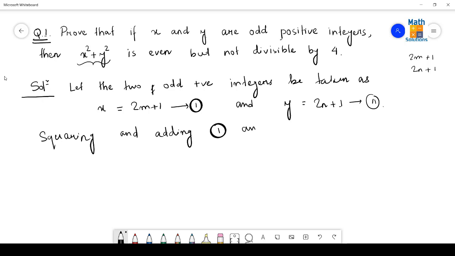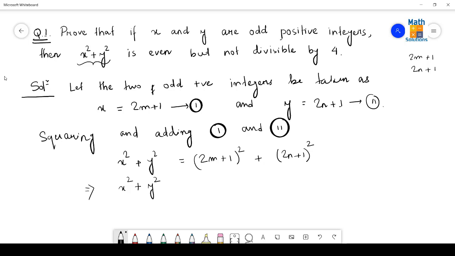1 and 2. What do I get here? x square plus y square is equal to their corresponding right hand sides. When squared, we get this result, twice m plus 1 whole square plus again twice n plus 1 whole square. Let us break it up. x square plus y square is equal to, for this part we can use the formula a plus b whole square.